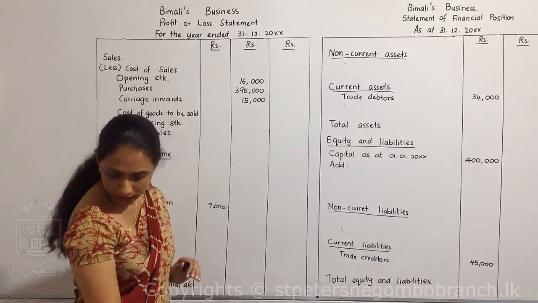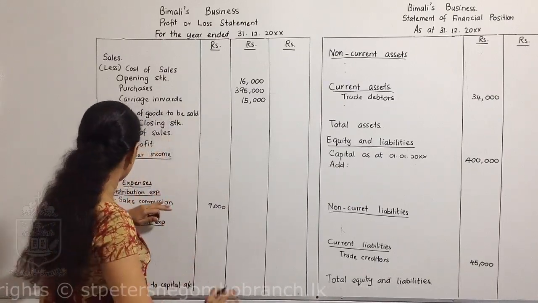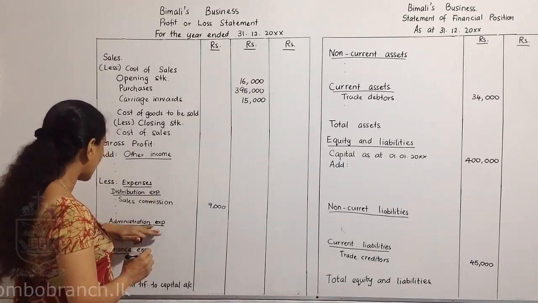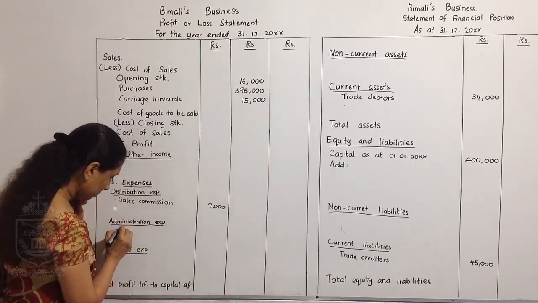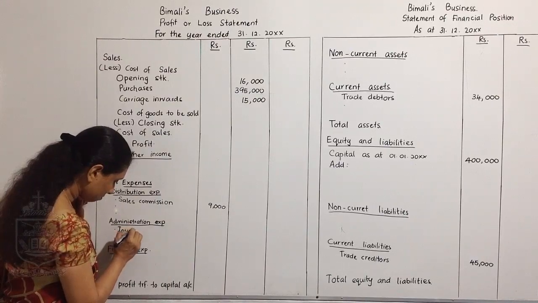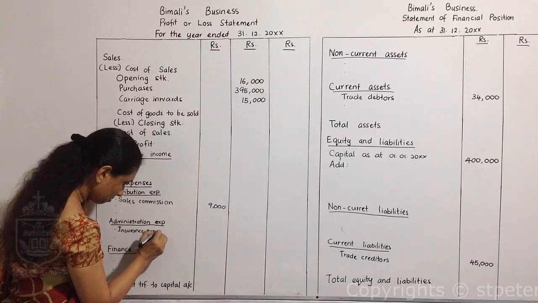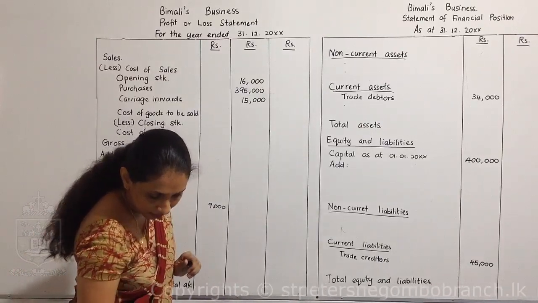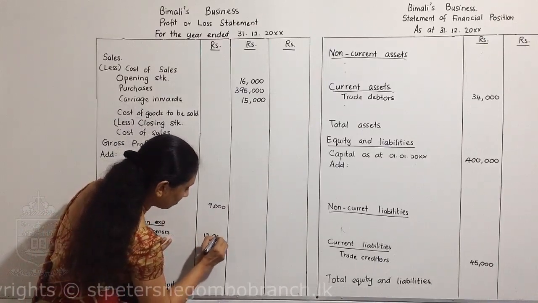Then we have insurance expenses, which is an administration expense. So again, under the profit or loss statement, under expenses and under the administration expenses category, insurance expenses, it's 12,000. Again, in the first column.